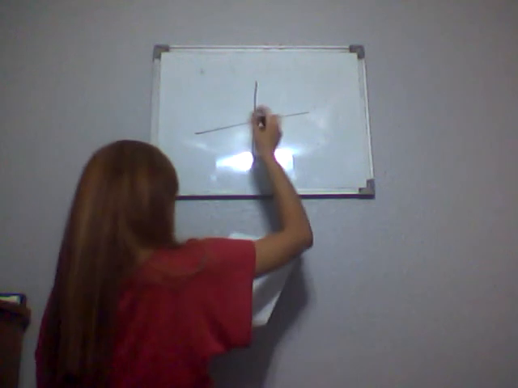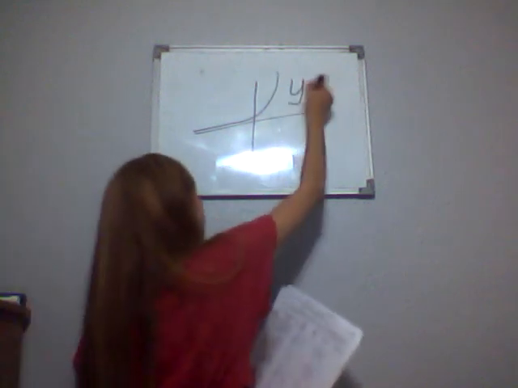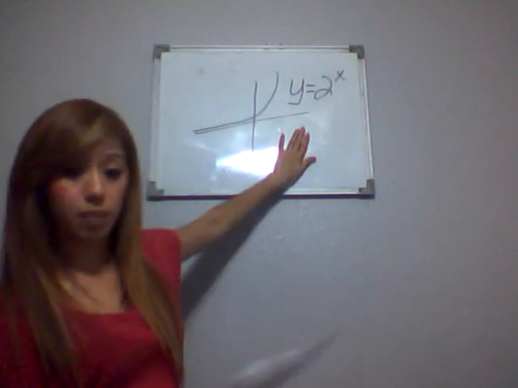On the next graph, it looks like this. And the equation you're going to put is y equals 2 to the power of x. That is your equation to place into the calculator.